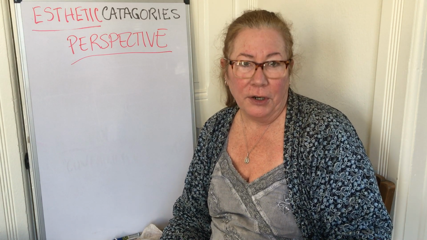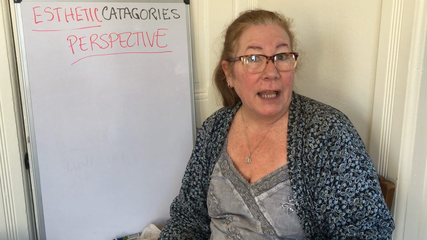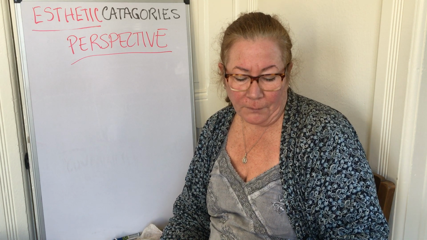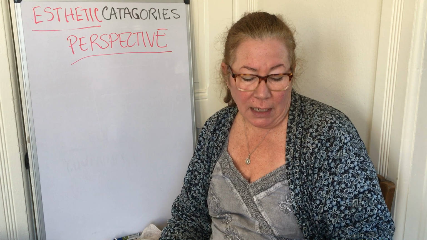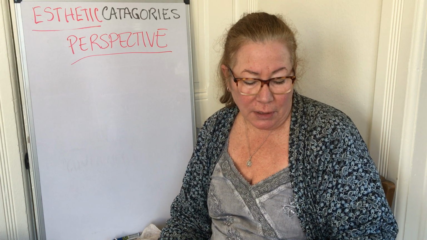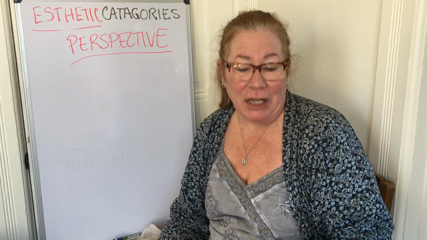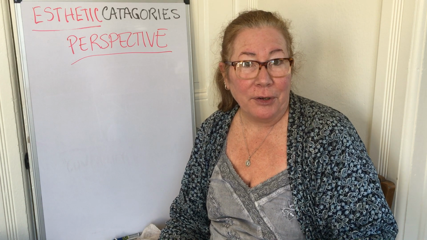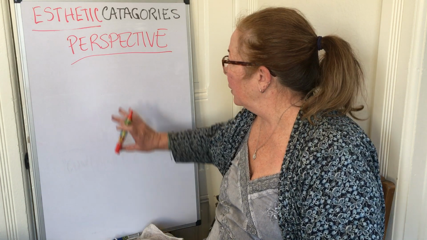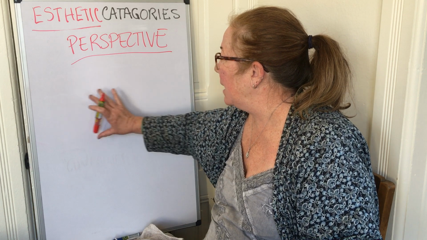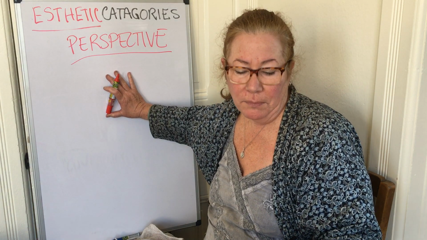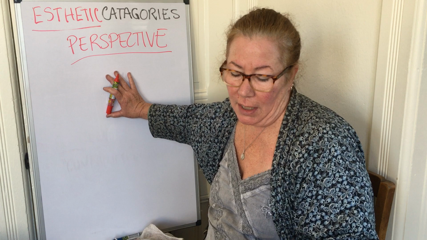There are three basic types of perspective: linear, atmospheric, and intellectual. They all create an illusion of a three-dimensional space on a two-dimensional plane or area.